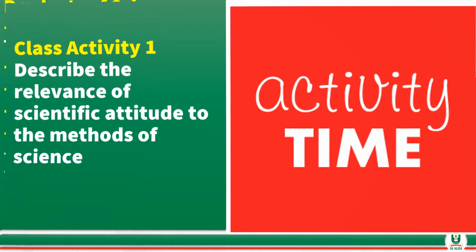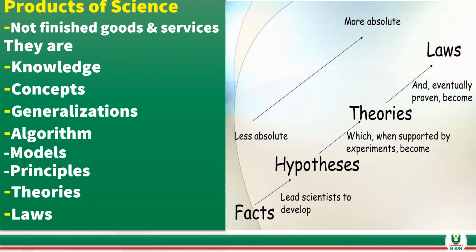Let's move on. Now, product of science. When you say product of science, we are not necessarily talking about finished goods and services derived from the application of knowledge of science. No. We're not talking about our cars, the planes, all those computers, those tangible things.